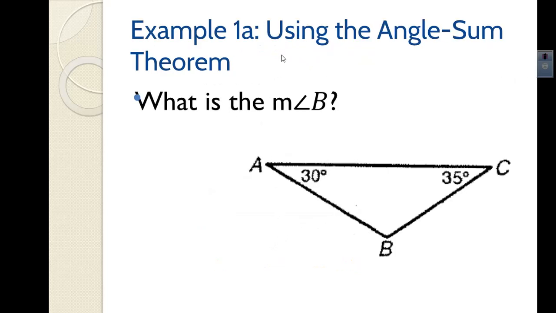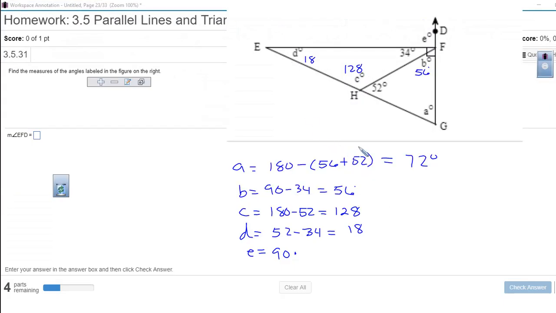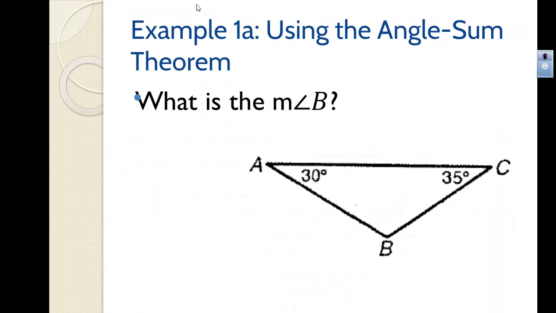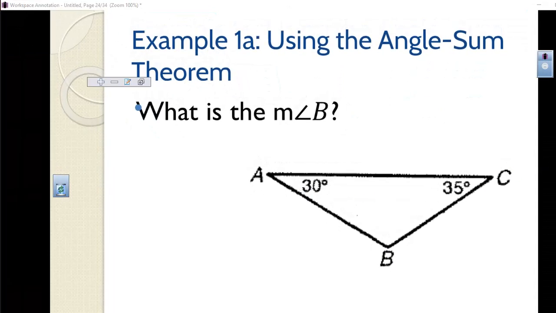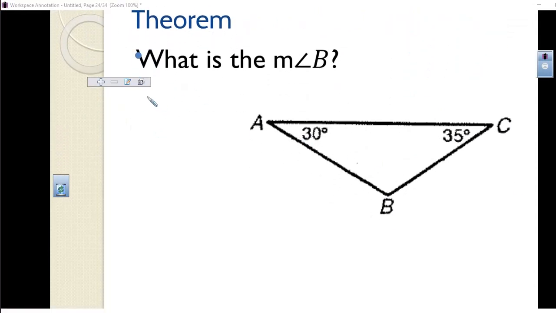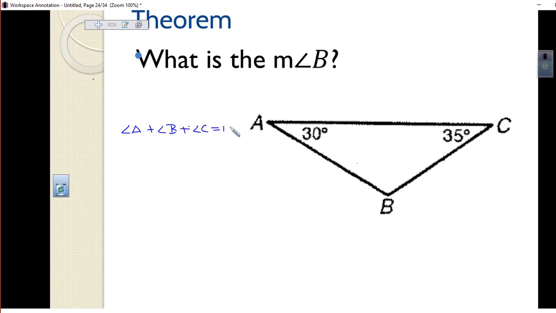So let's take a look at our first example. What is the measure of angle B? There are a couple of ways you can look at this. You can write this algebraically, and then there's what you know in your head and how you'd set it up. First, I know that angle A plus angle B plus angle C is equal to 180.